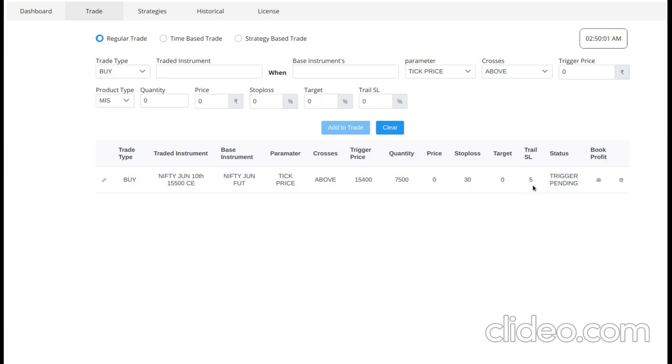But as soon as the option price becomes 105, which is the 5% of the 100, the initial stop loss is moved from 70 rupees to 75 rupees, and this continues. Like if the option price becomes 200, then the stop loss becomes 170. So for every 5 rupees change, it goes on increasing the stop loss. That's the trailing stop loss.